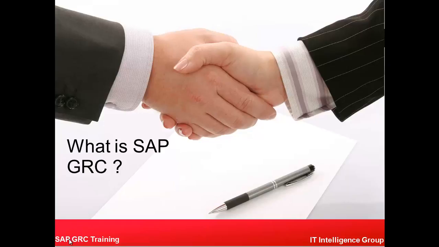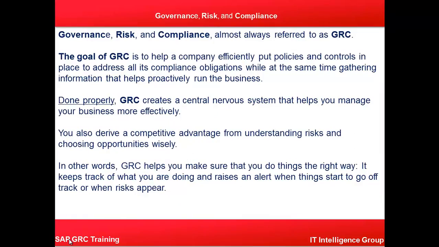In this training, we will see what is GRC and how GRC helps to manage and control risk. GRC stands for governance, risk and compliance. The goal of GRC for the companies is to efficiently put forth the policies and controls so that it can proactively identify them, analyze them, and fix the risks.